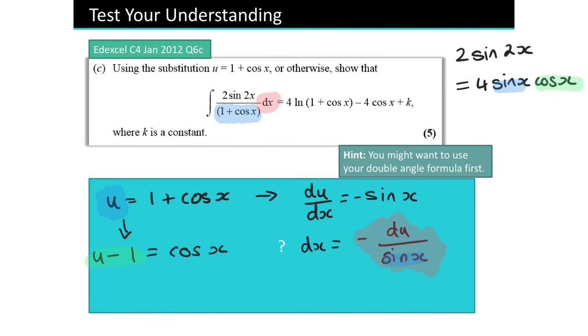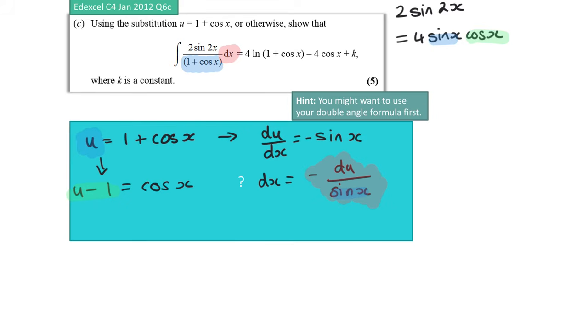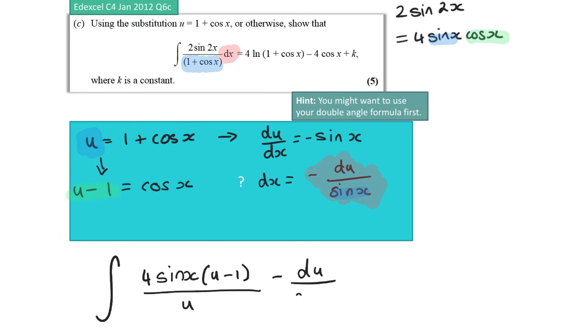Okay, so now I've coloured everything in. I know what's happening with my life. I'm going to go for it. So 2 sine 2x, I'm going to substitute as 4 sine x cos x, and instead of writing cos x, what am I going to write? u minus 1, all over 1 plus cos x, which is u, multiplied by negative du over sine x.